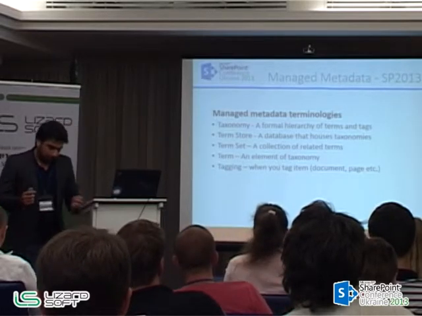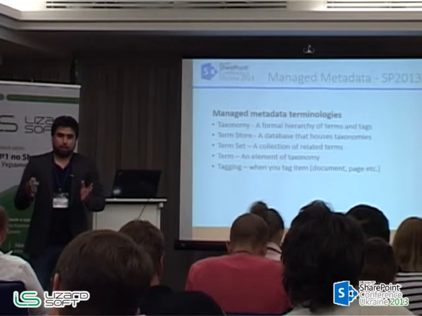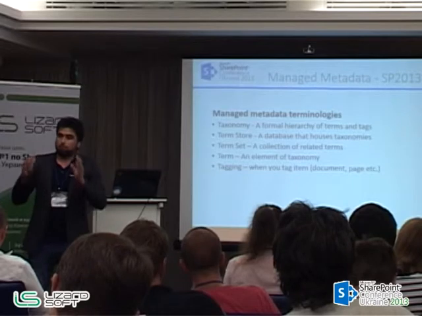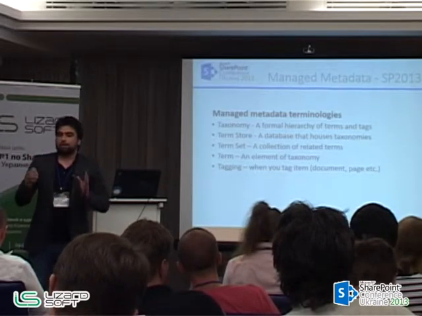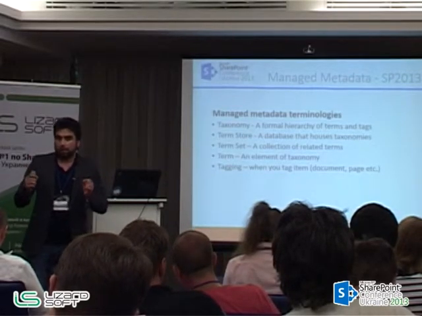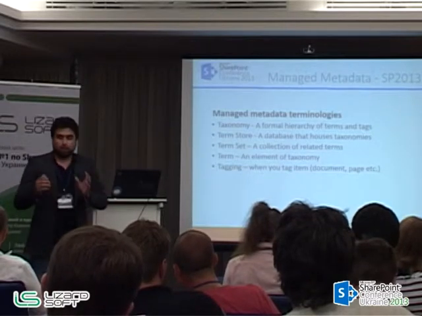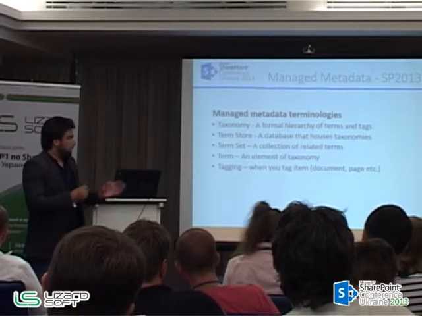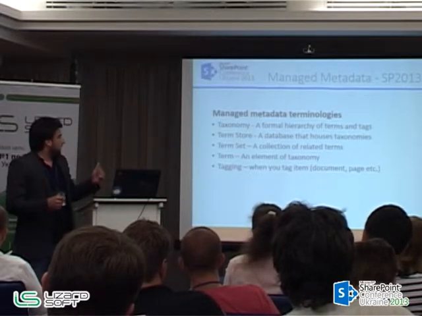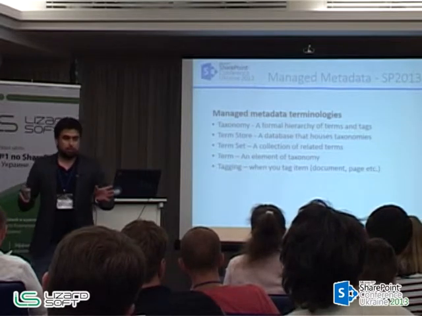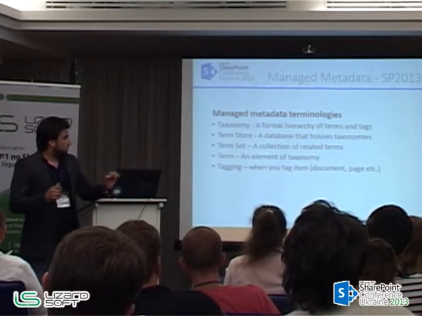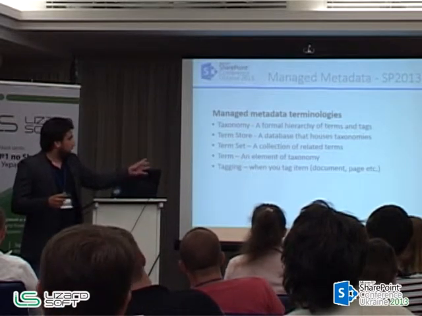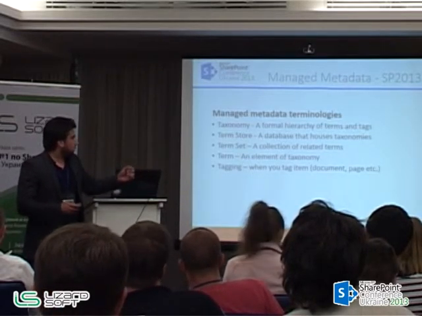Imagine you have a company here that is interested in implementing managed metadata. They are going to have a term store and term sets, and they will tag their documents. The term set is a collection of related terms, which I will explain in the next slide. And the term is an element of taxonomy, and you can tag documents with it.